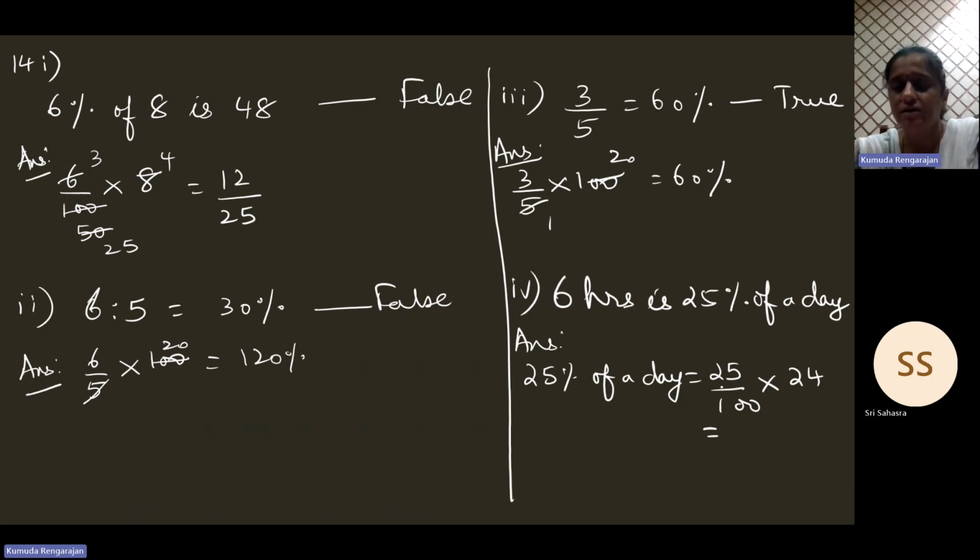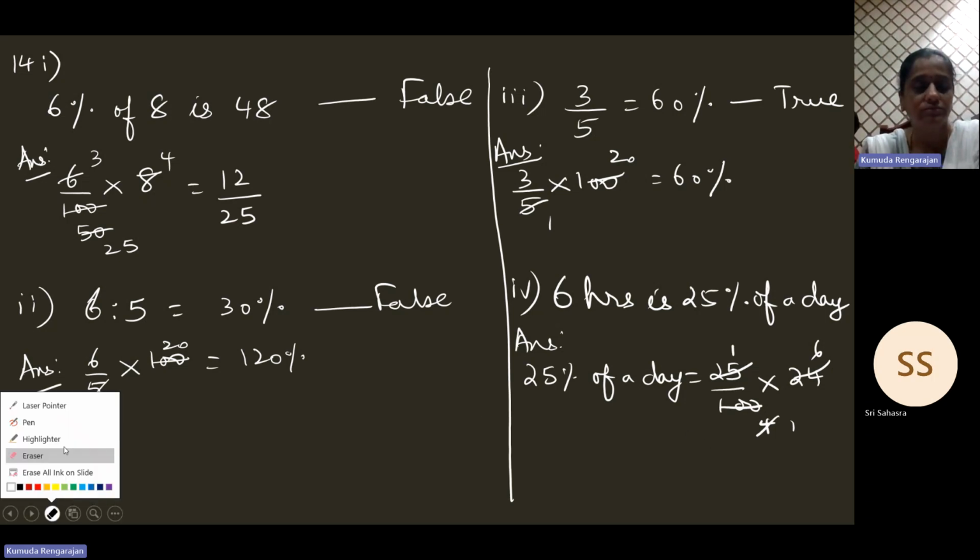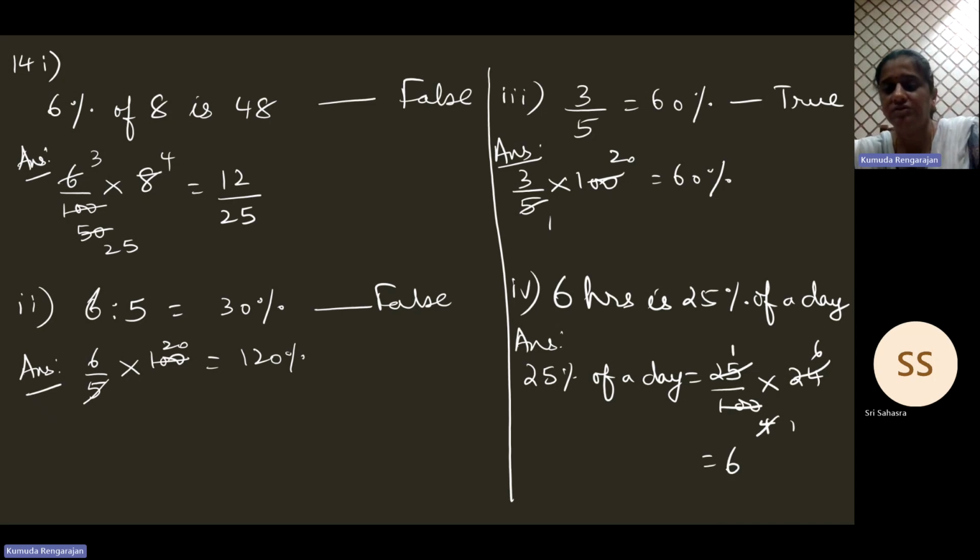So 25 by 100 into 24 hours. 25 fours are 100. 4 ones are 4, 6 are 24. So yes, 6 hours. It's true.